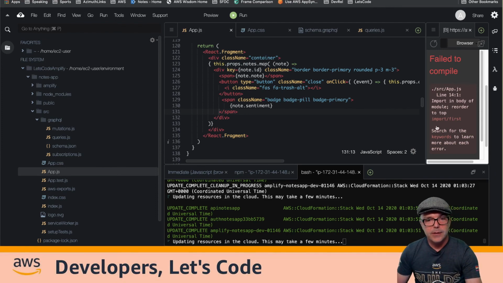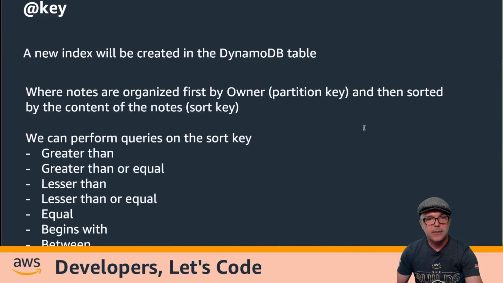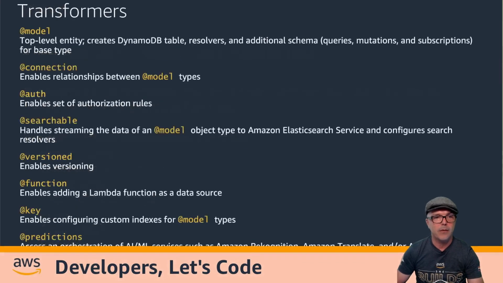The other thing I wanted to mention is the rest of the transformers. This is the real power we've seen with Amplify: with literally a couple of lines, you can do very powerful stuff. We've used @model. What we haven't used is @connection, which is a way to model relationships.